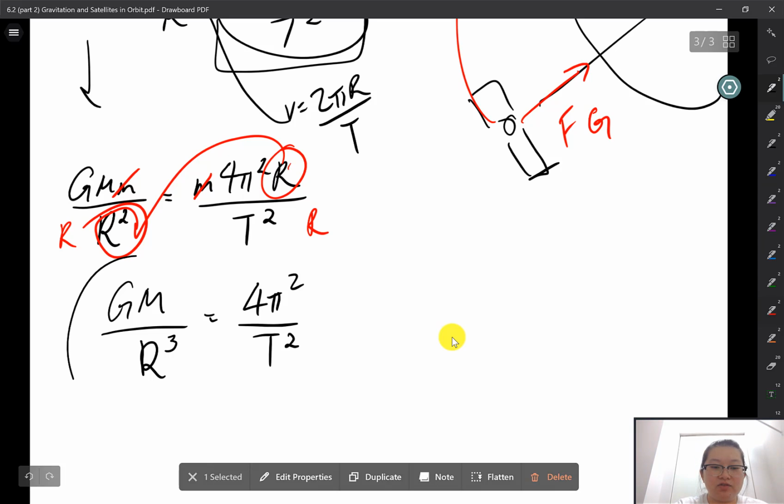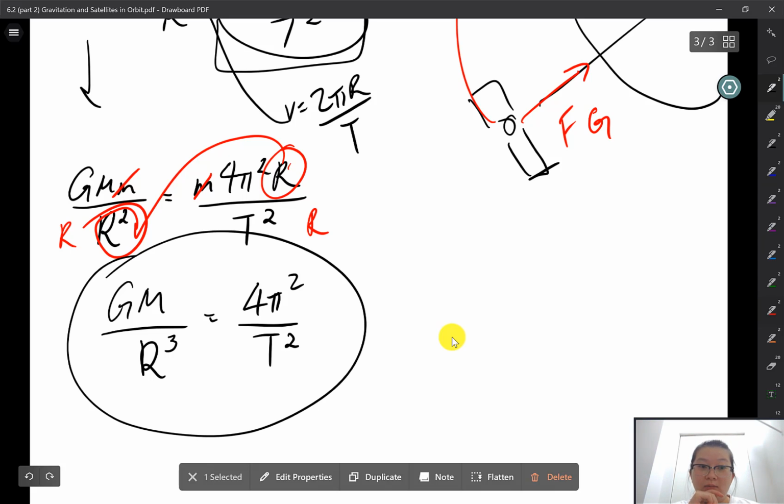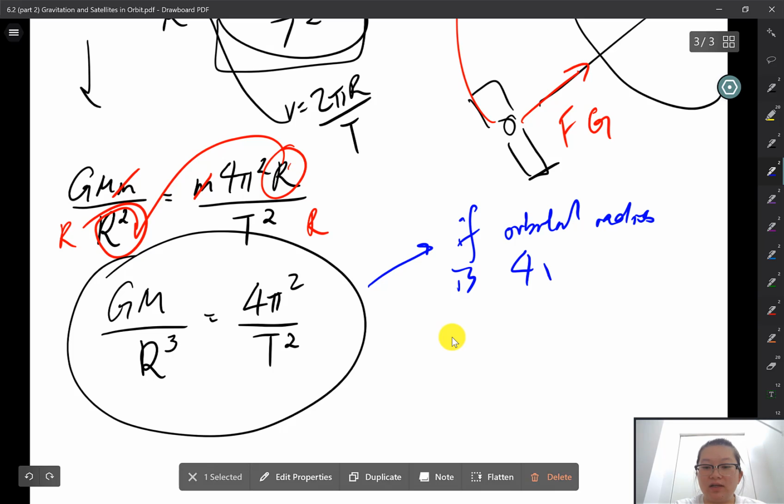This has to do with orbits around a particular center. My question is, if my orbital radius is quadrupled, so it's multiplied by a factor of 4, then by what factor is my orbital period increased?